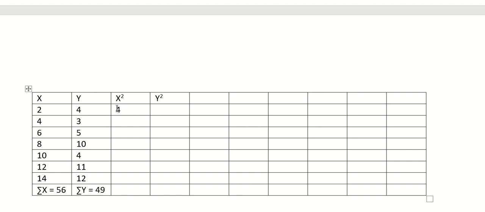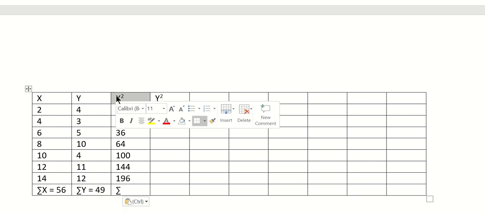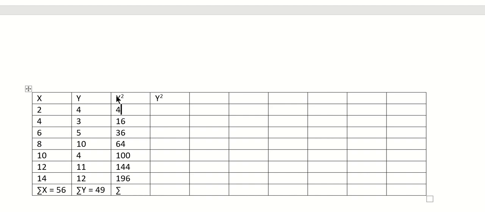So 2 2s are 4, 16, 36, 64, 100, 144, then 14 14s are 196, and its summation is 560.